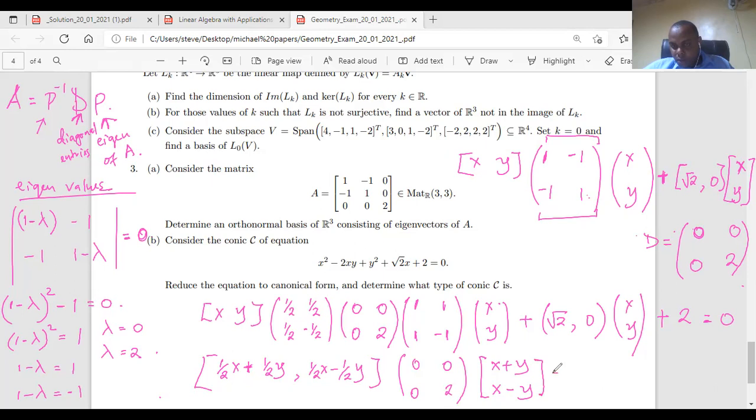Plus square root of x, 0. Okay. So let me keep that. Let me just keep this.